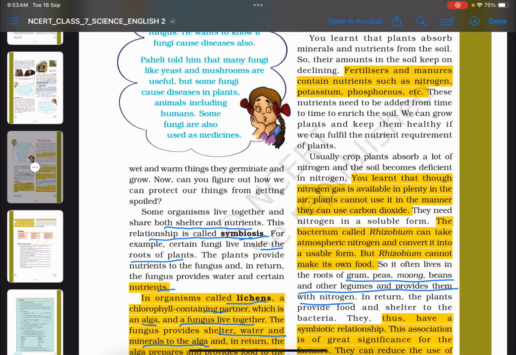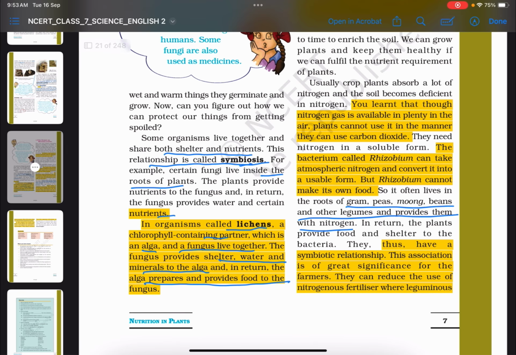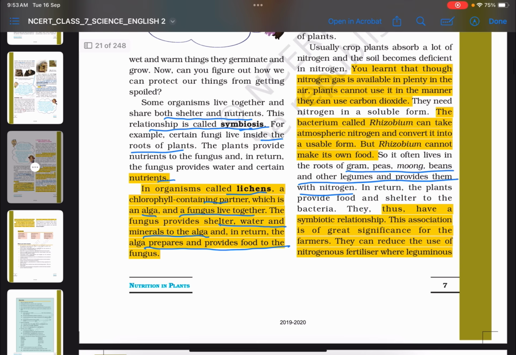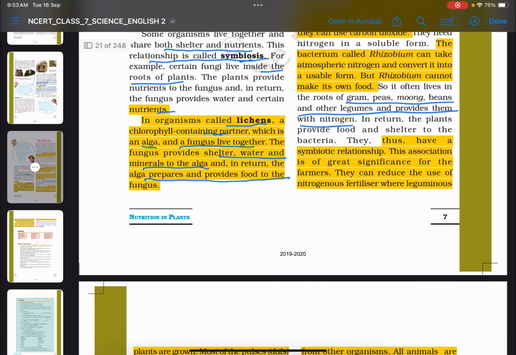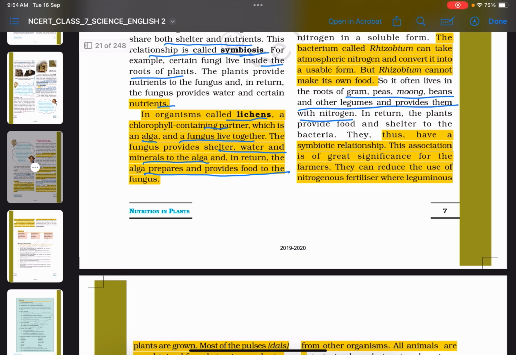Usually, crop plants absorb a lot of nitrogen and the soil becomes deficient in nitrogen. You learned that though nitrogen gas is available in plenty in the air, plants cannot use it in the manner they can use carbon dioxide. They need nitrogen in the soluble form. The bacterium called Rhizobium can take atmospheric nitrogen and convert it into a usable form, but Rhizobium cannot make its own food, so it often lives in the roots of gram, peas, mung, beans, and other legumes and provides them with nitrogen.